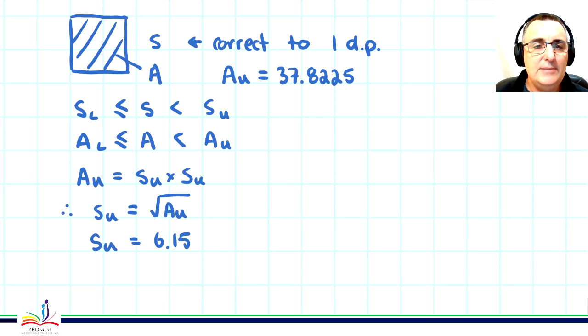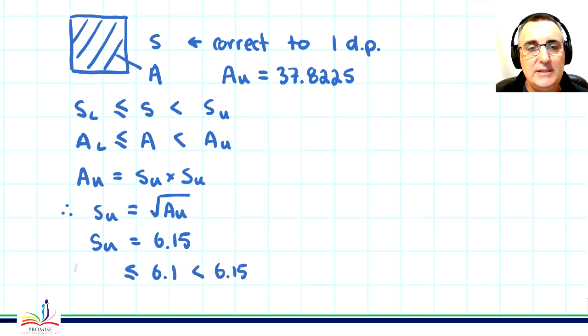All right, and now that tells me the upper boundary. Okay, the original question told us it was correct to 1 decimal place, so this is really handy for us because 6.15, we know that if that's going to be an upper boundary and you're rounding to 1 decimal place, anything below 6.15 is going to round to 6.1, which then means the lower boundary is going to be 6.05.